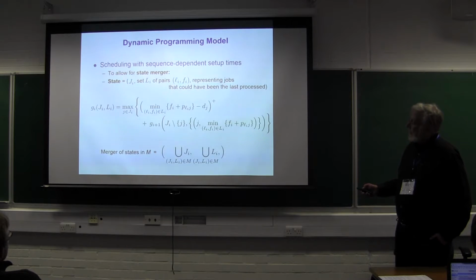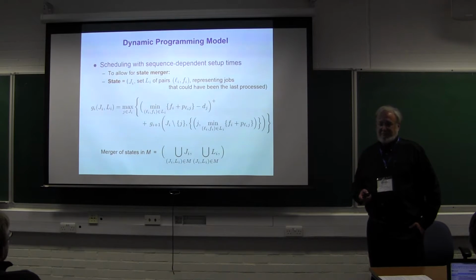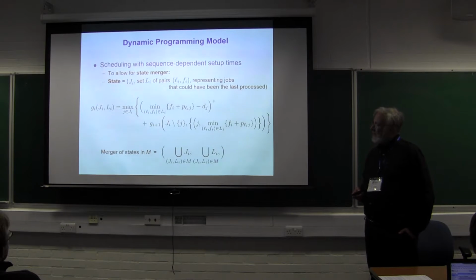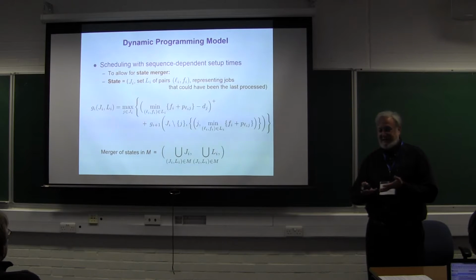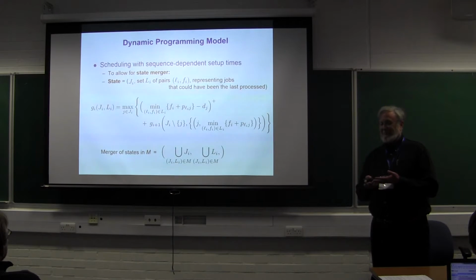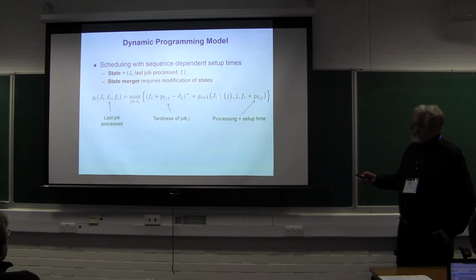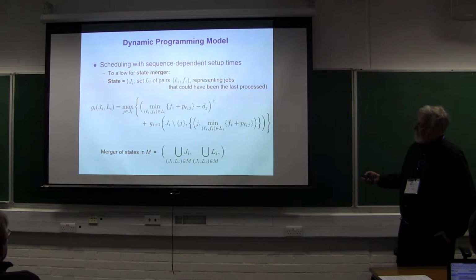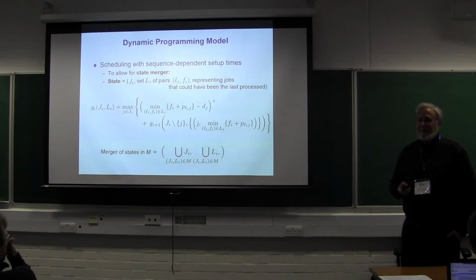And the state merger, well, the state merger is a little more complicated. Now, here's a case in which you have to relax the diagram by complicating the state space a little bit. Sometimes you have to do that. So instead of having an indication of the last job processed, to create the relaxation, that state variable has to be a set of jobs that could have been last, instead of candidates for the last job.